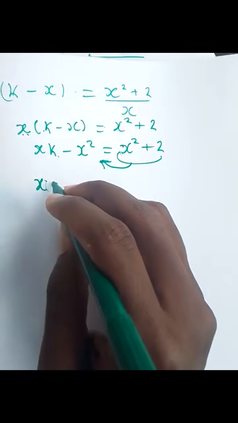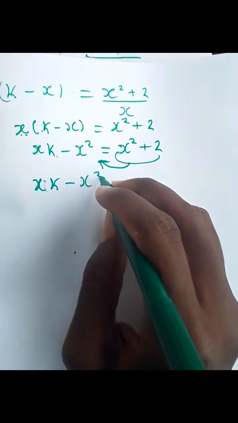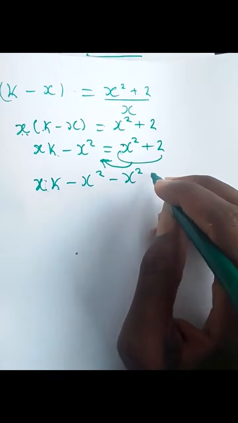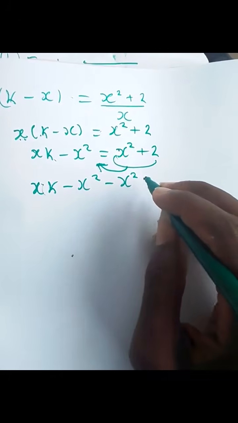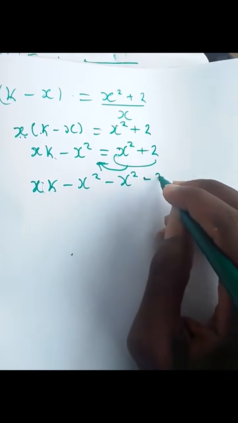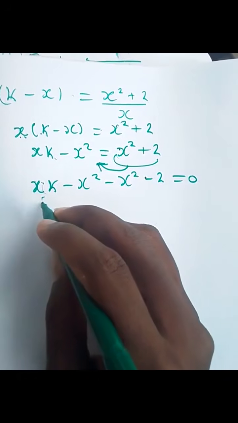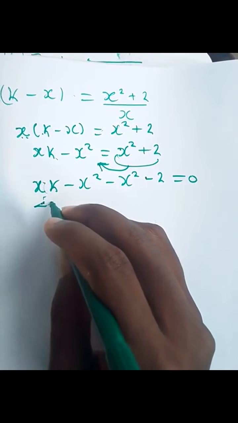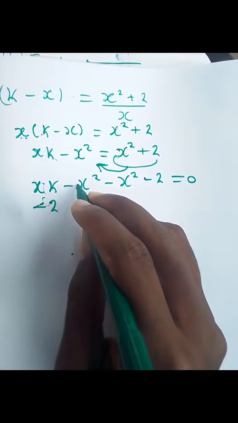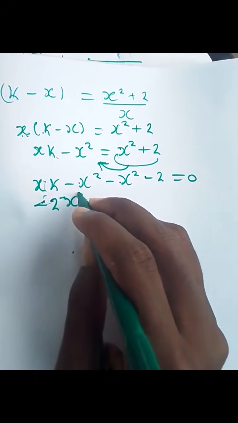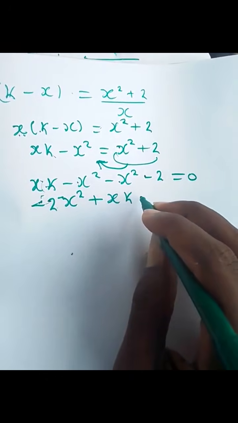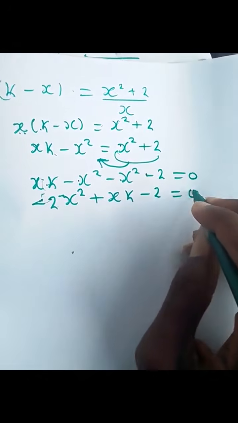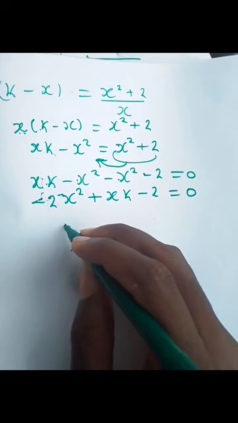So we have xk minus 2 minus x power 2, and then minus 2. We can simplify this: when we sum these, it is negative 2x power 2 plus xk minus 2.